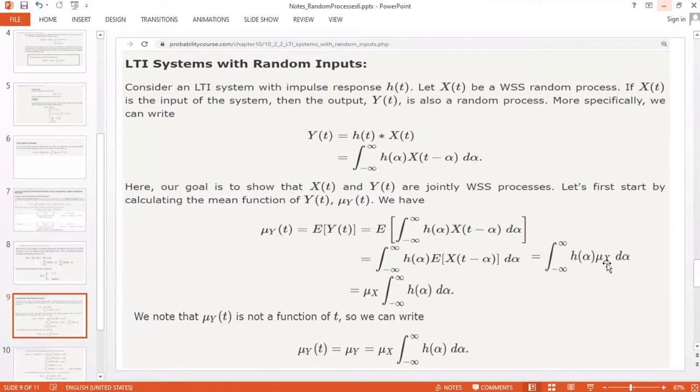Then mu x comes outside of the integration, and there is no involvement of time. So the mean function of y(t) is also independent of time. One thing we have proved is that mu y(t) is not a function of time, so we can write it as mu y.